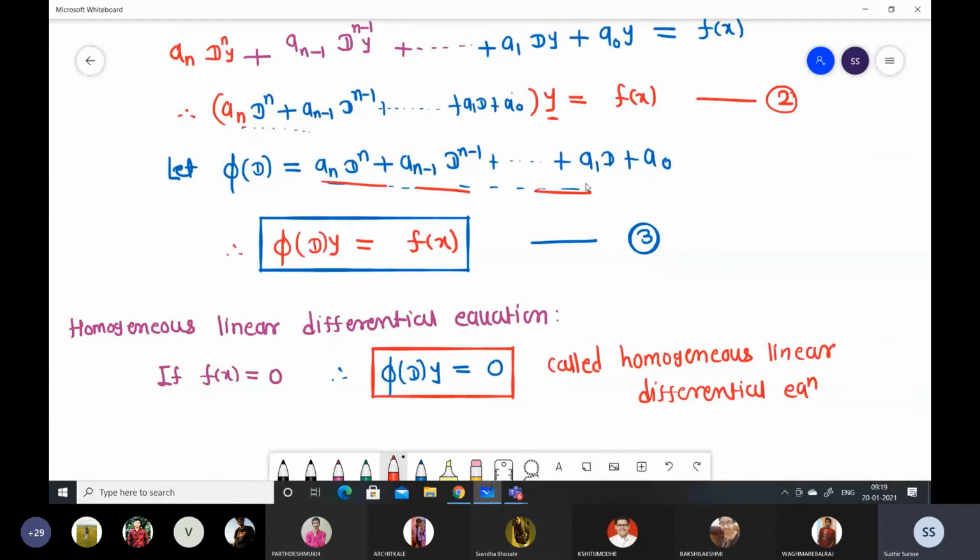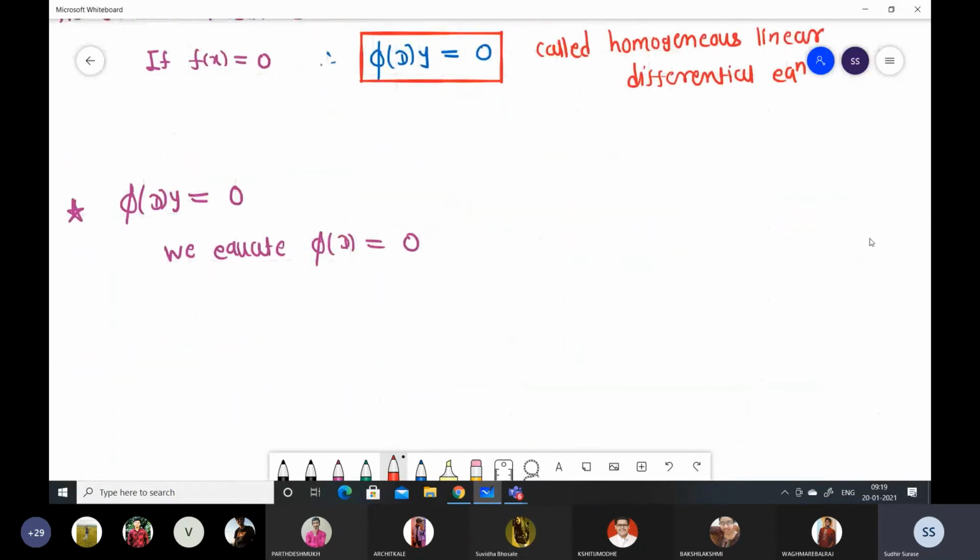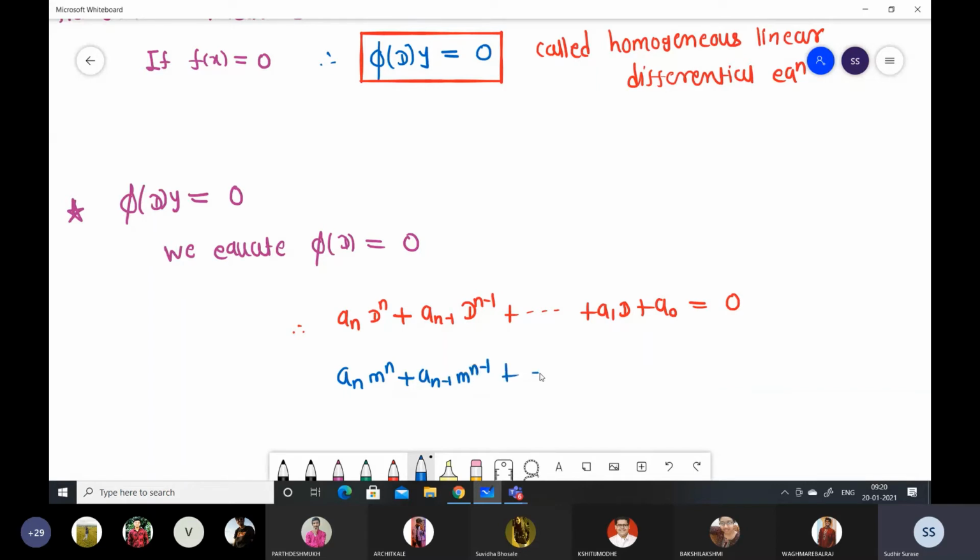Let me write that as it is: a n D to the power n plus a n minus 1 D to the power n minus 1 and so on, plus a1 D plus a naught equals 0. Since there is a polynomial and we are equating it to 0, we are interested in finding the values of D. If you change the notation, it will look like a n m to the power n plus a n minus 1 m to the power n minus 1 and so on.